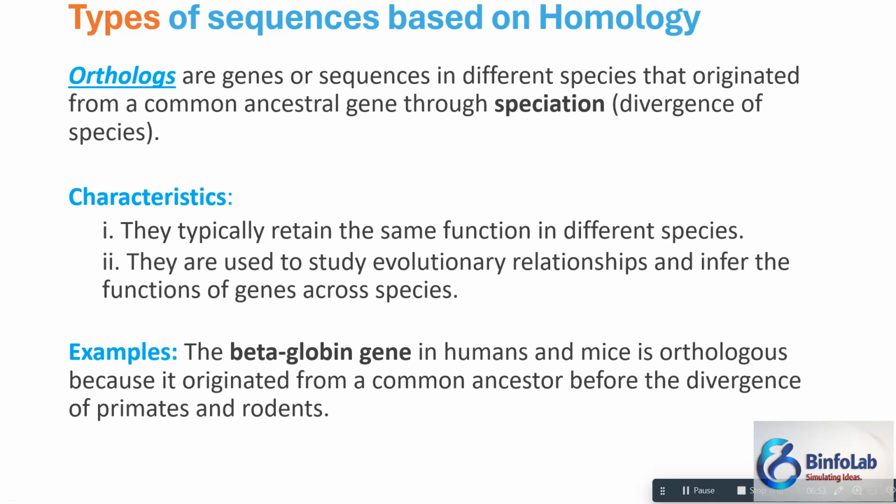So when the process of speciation or gene divergence takes place, to explain that phenomenon, we call such sequences orthologs. What is divergence or speciation? For example, you are walking on a straight road and suddenly you have two paths.